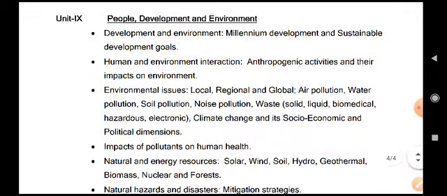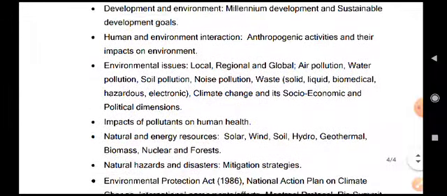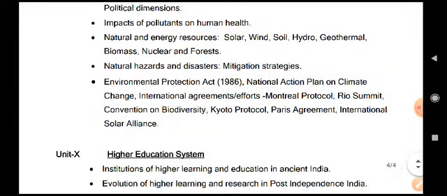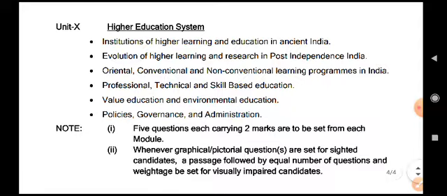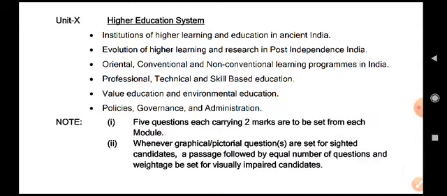In Unit 9, People, Development and Environment, the relation between people and environment, which leads to development, is analyzed. In Unit 10, Higher Education System, Institutions of Higher Learning and Education in Ancient India.